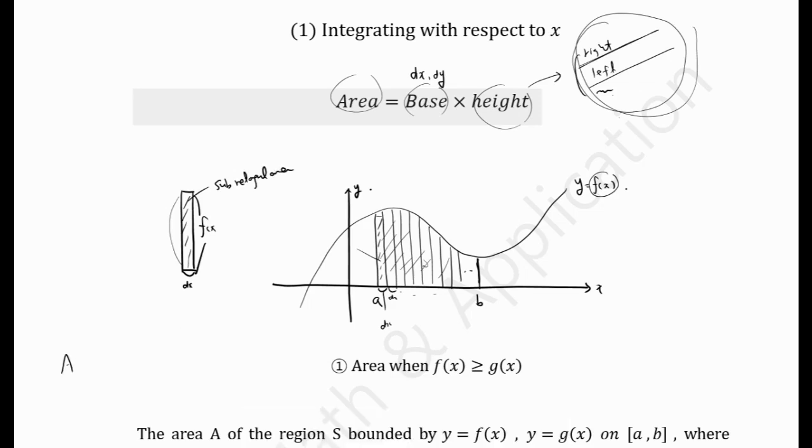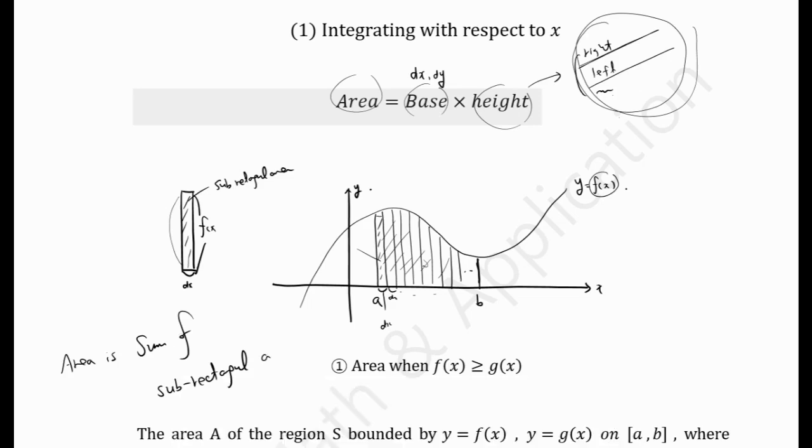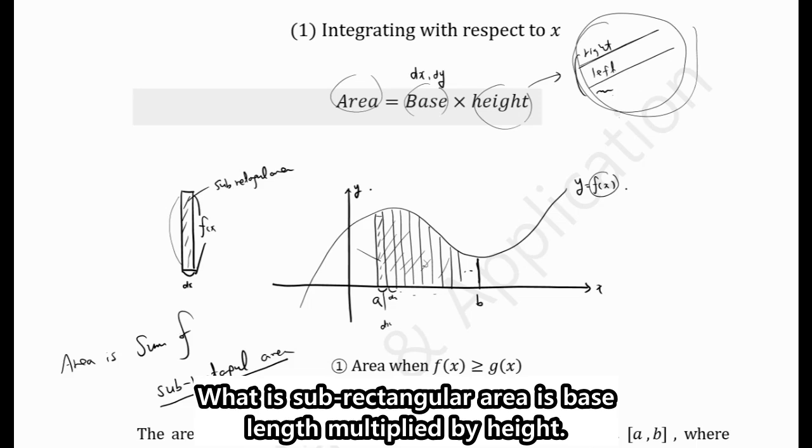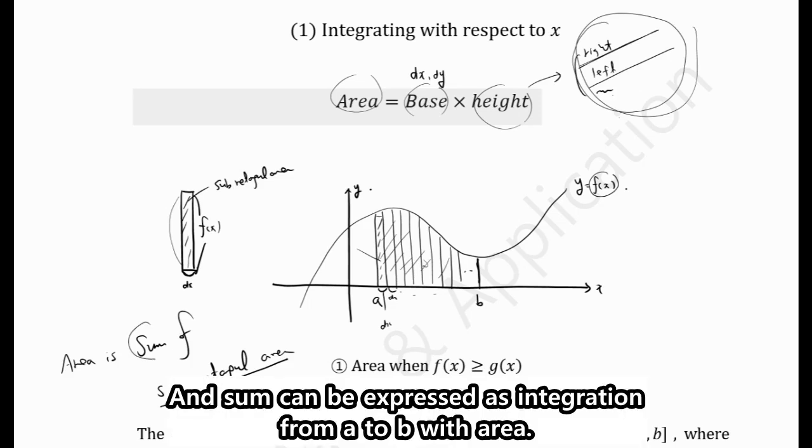The total area is the sum of the sub-rectangular areas. It's very, very easy. The sub-rectangular area is the base length multiplied by the height. The sum can be expressed as an integration from a to b.